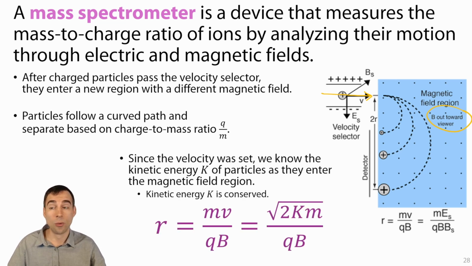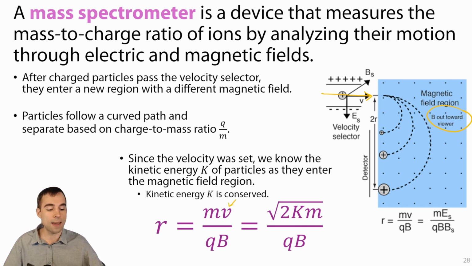In this case, the radius of curvature could be calculated based on that equation that we had for the circular path in the previous slide. And since all of these particles have the same velocity, we could say something about how their energy is related to their charge to mass ratio.